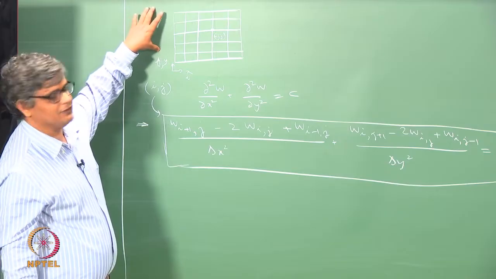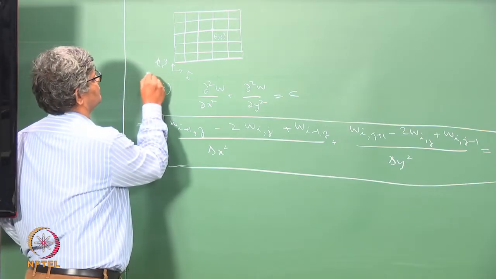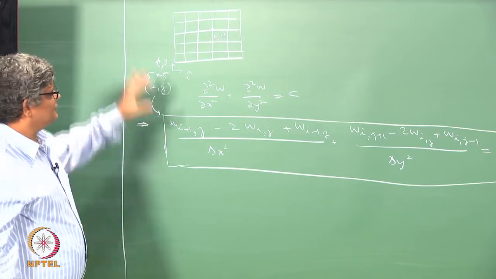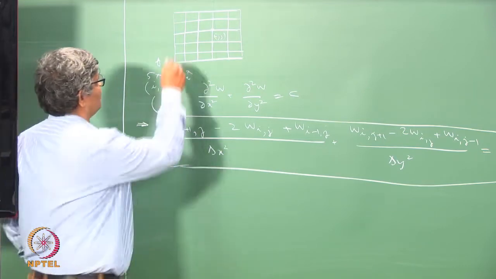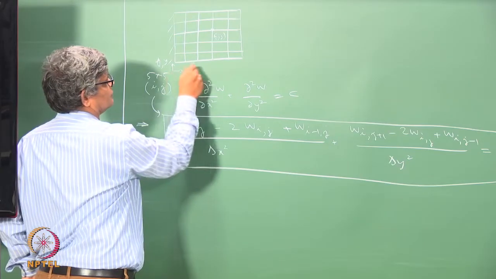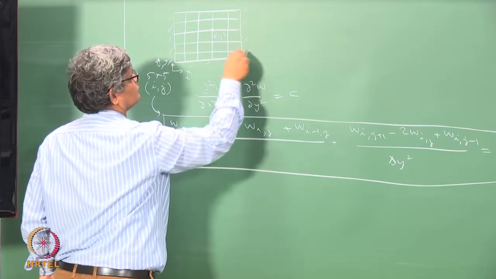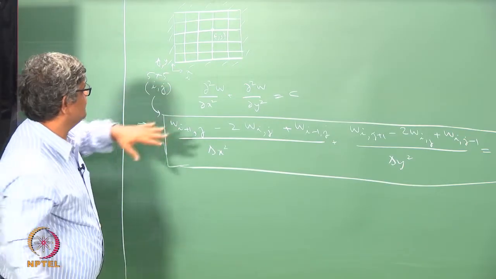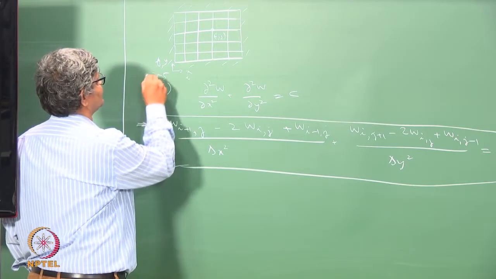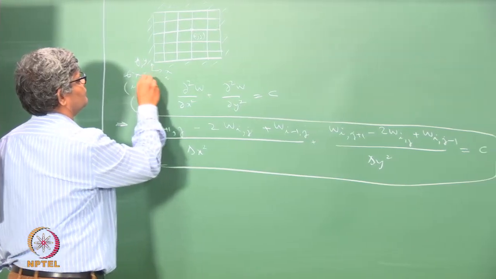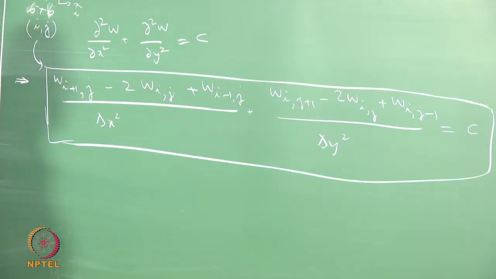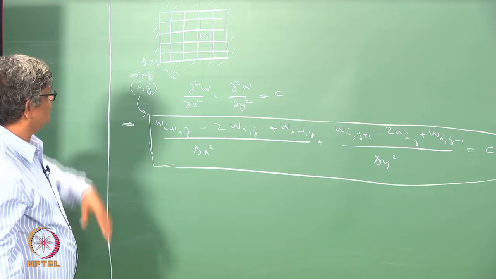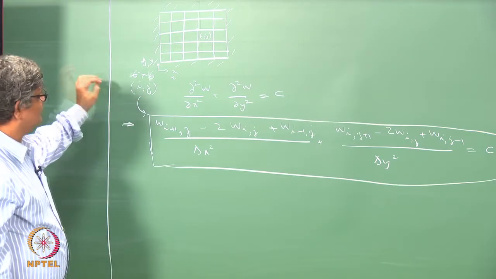5 by 5 division of the flow domain. So in this flow domain we have boundary conditions, and since we have 5 by 5 intervals, you have 6 by 6 points at which we have the grid points.